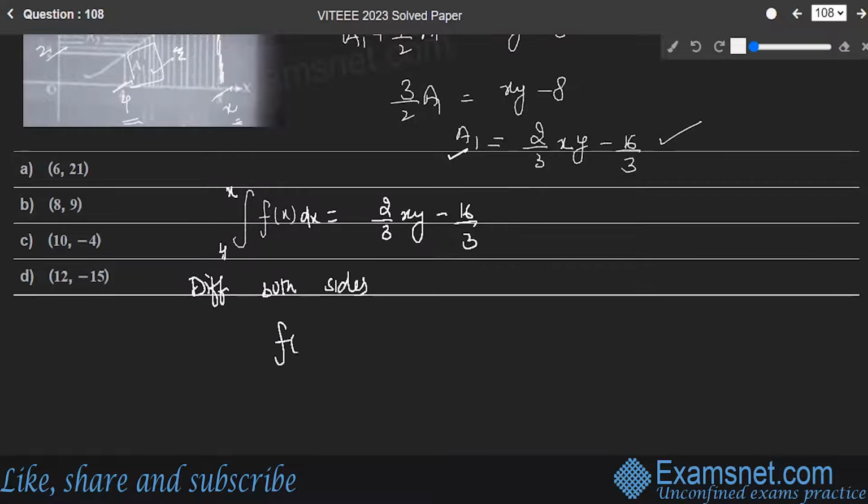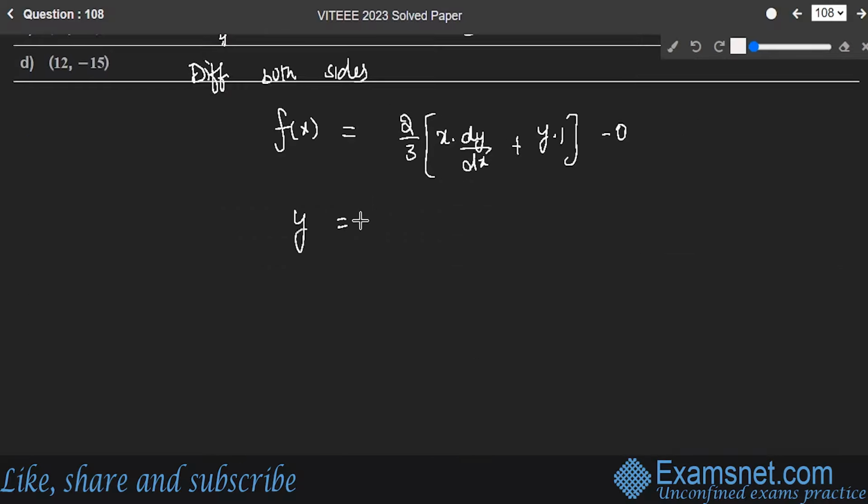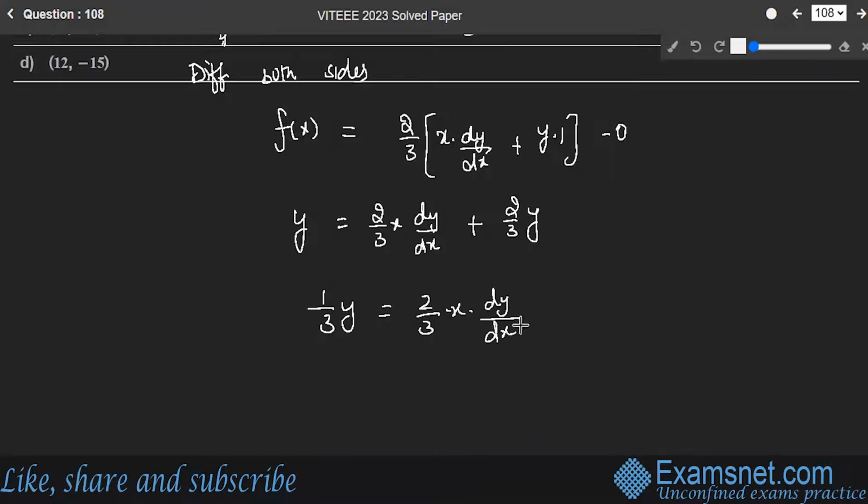you will get f(x) is equal to 2 by 3 taken outside, and here first function into derivative of second plus second function into derivative of first, minus 0. So this is nothing but y. This is 2 by 3 x dy by dx plus 2 by 3 y. This gives you 1 by 3 y is equal to 2 by 3 x dy by dx.